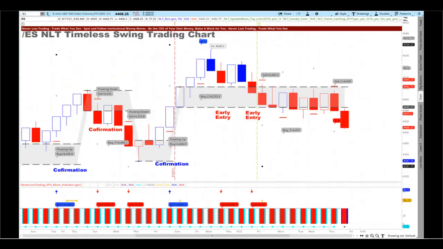Beginning of the year, we introduced the never loss trading timeless concept for swing trading, day trading, and longer term investing, and also it works in a very nice combination, confirming. Here you see key price turning points like with that floating signal here. The same to the downside.